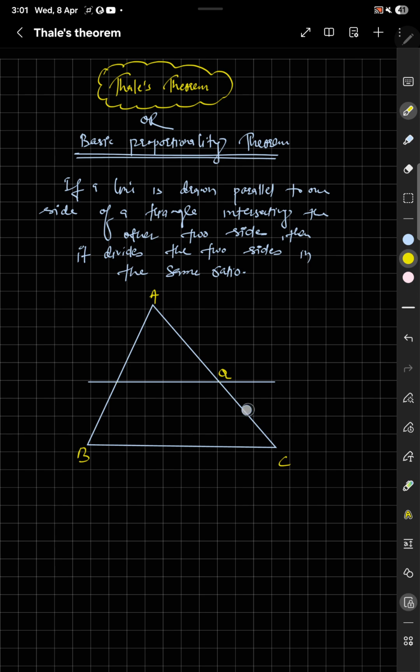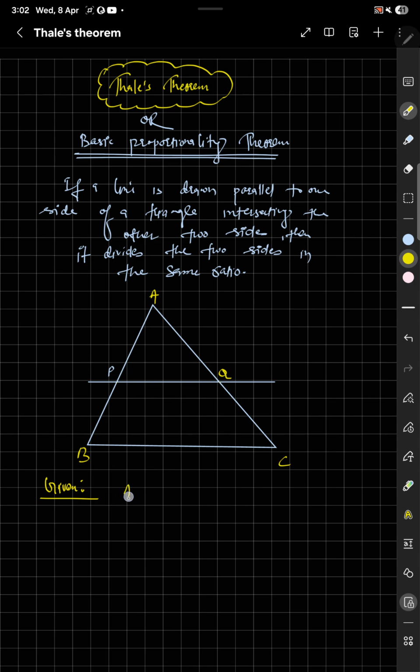Okay, so let's prove this. How does this happen? Firstly, what is the approach we should use to prove this? The first thing that you have to write here is given. You should first know what is given to you so that you can proceed to prove this.